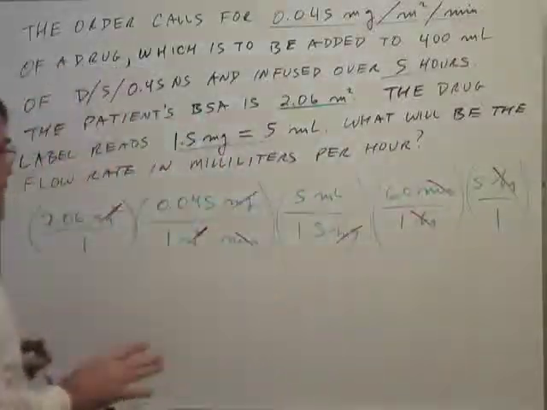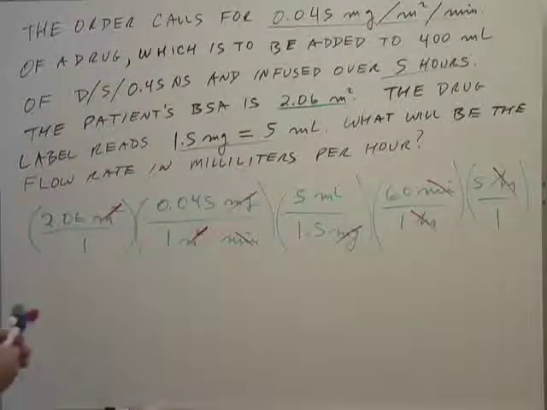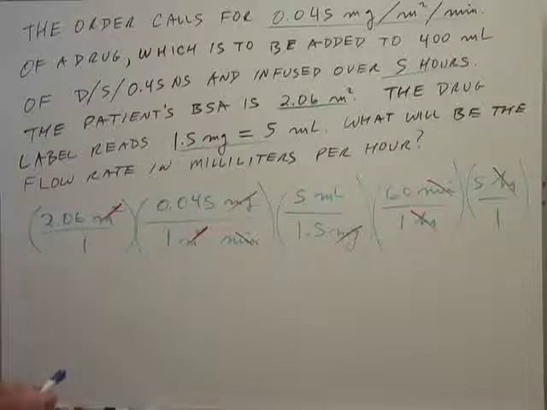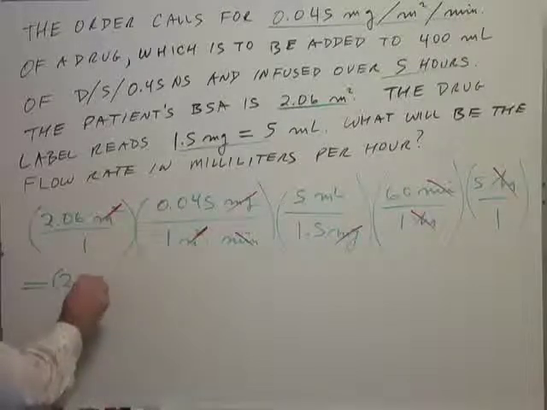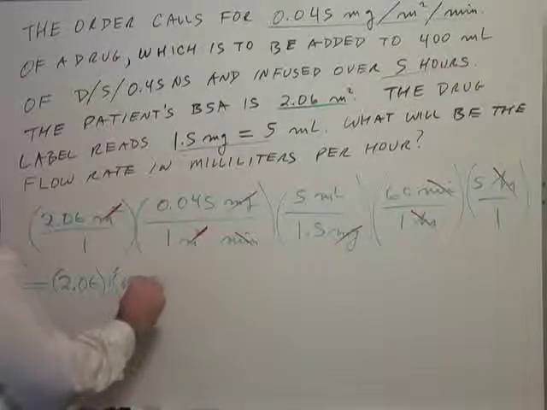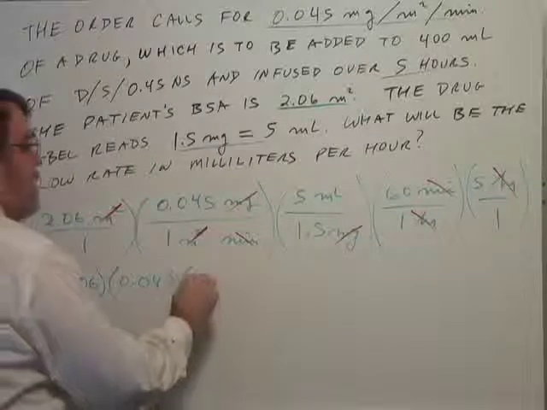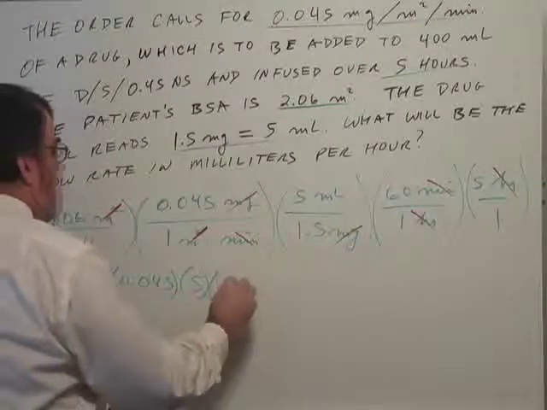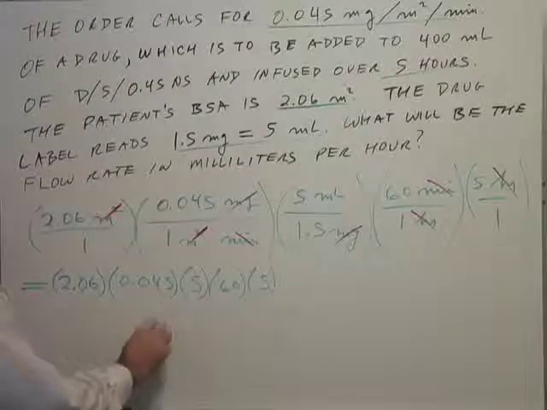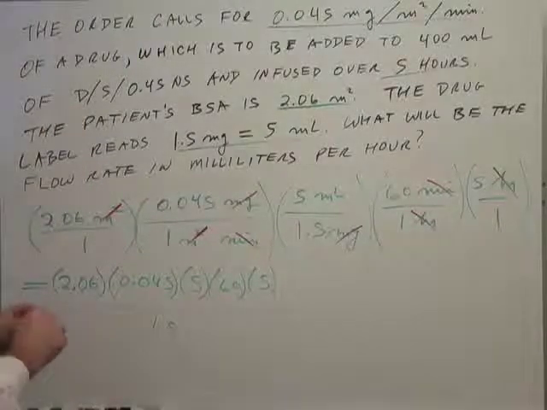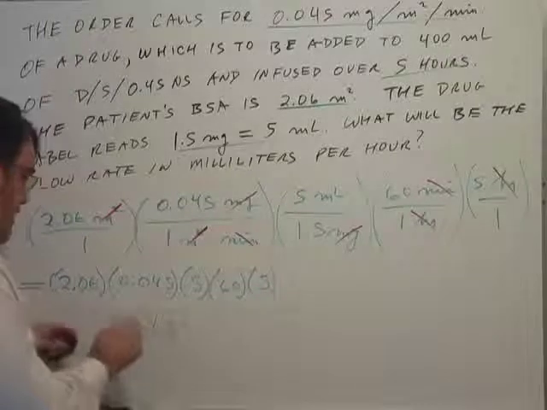So here's our first calculation, and this is the bad one here. So let's go through and work this out. I have 2.06 times 0.045 times 5 times 60 times 5 over 1.5. Okay, well, that's going to be fun.